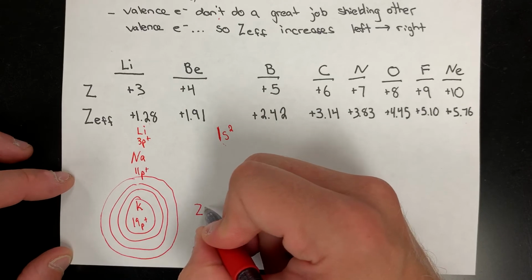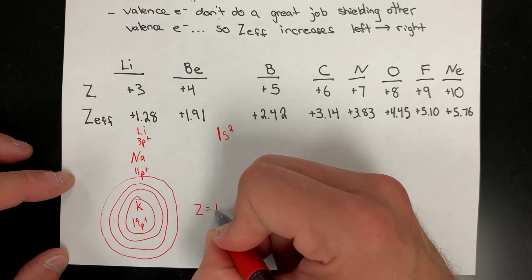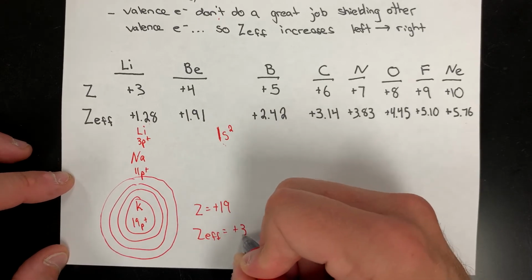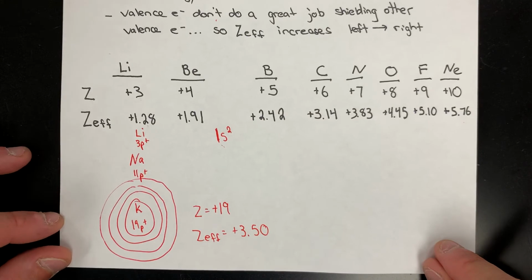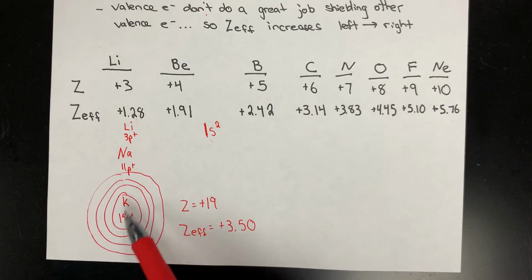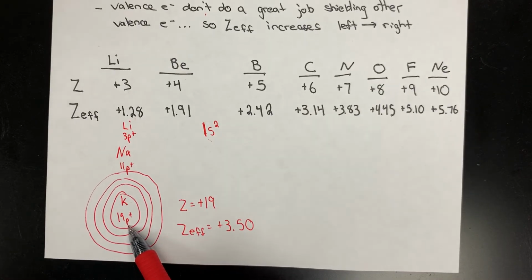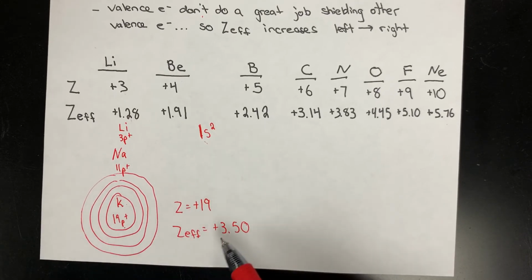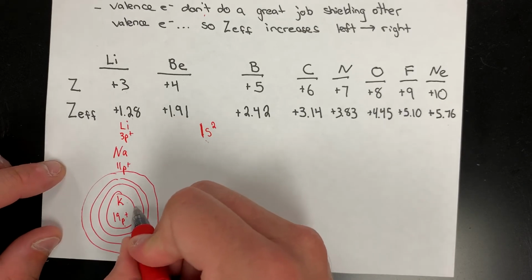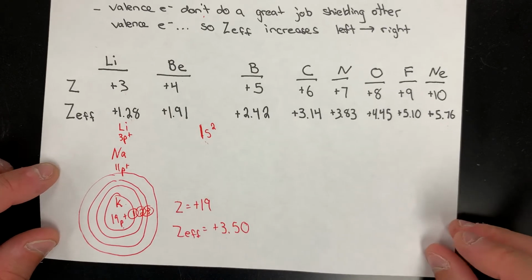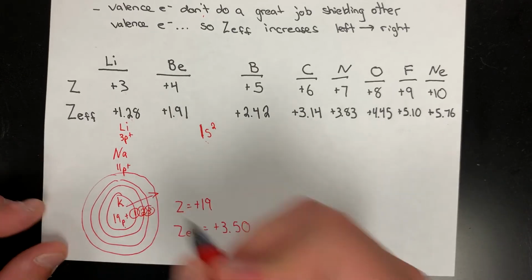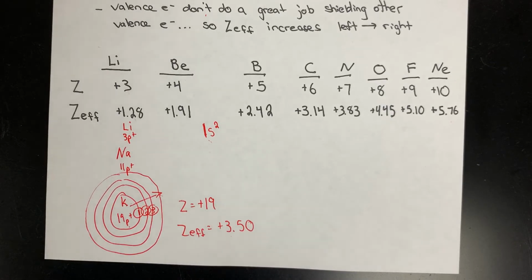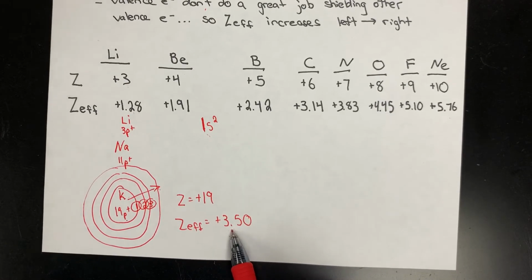We talked about how its nuclear charge was +19, but its effective nuclear charge was only +3.50. It's crazy to think, but even though potassium has 19 protons, which you'd think means a really strong pull of the nucleus on its electrons, not really, because of these 3 energy levels worth of core electrons literally repelling out on that valence electron. It's really diminishing that nuclear charge to get to that low effective nuclear charge.